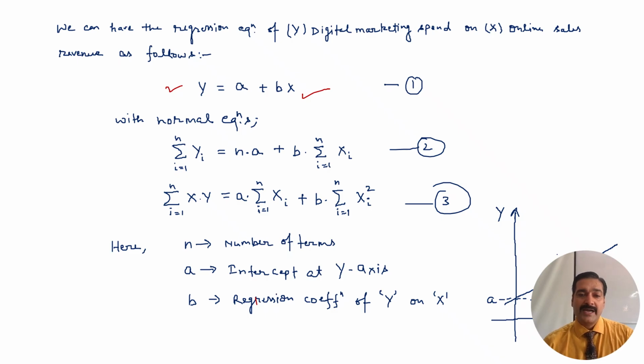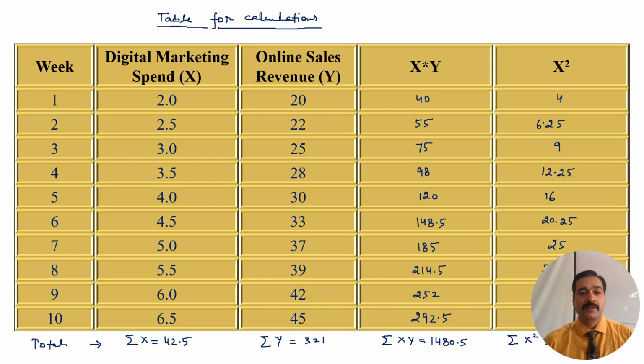Now by solving these normal equations, we can find the values of a and b, because we have been given the values of yi. Let me show you again. This is the same table which I showed you earlier on the second slide.